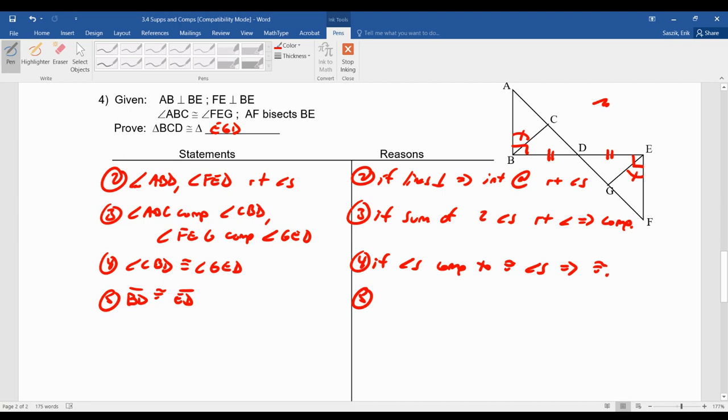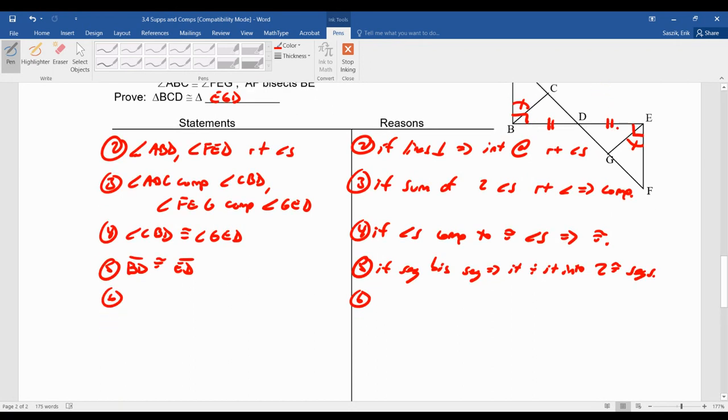And this is from your reason sheet. This is like number 5, right? If a segment bisects a segment, then it divides it into two congruent segments.